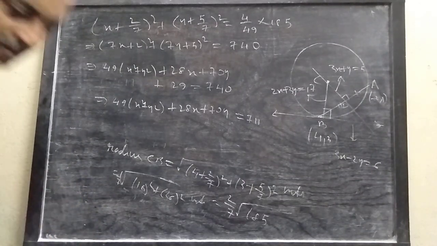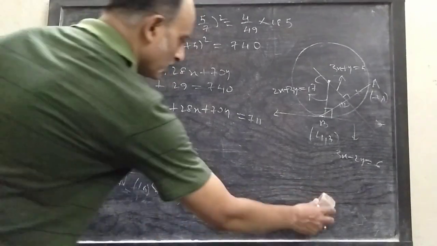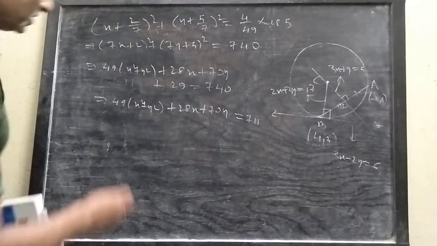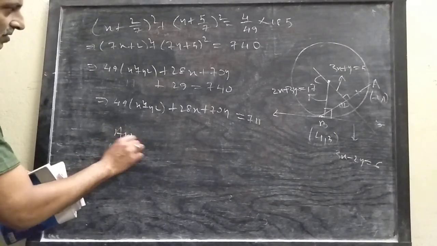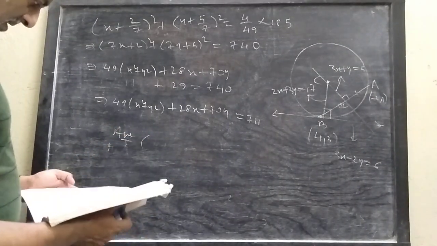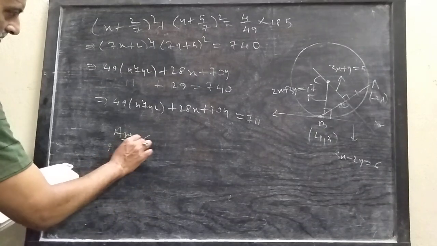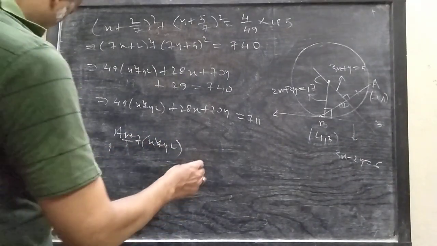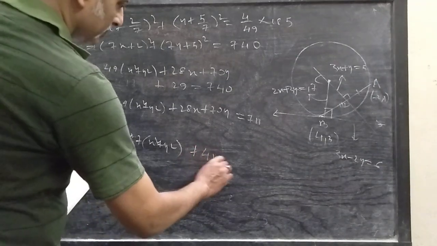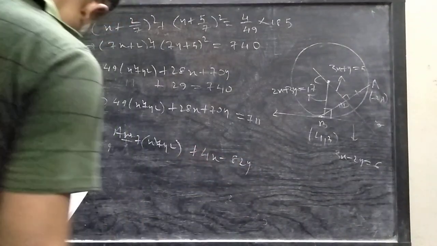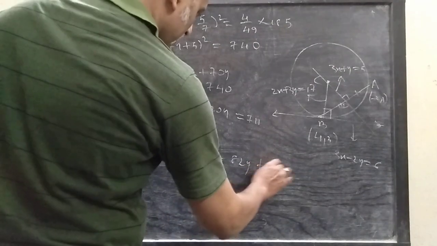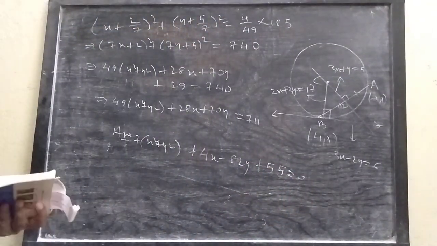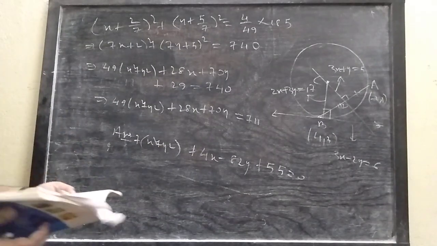You have to find it. The process is this way, I have done some mistake somewhere. So the answer given in my copy here is 7 into (x square plus y square) plus 4x minus 82y plus 55 equals 0. So to find the mistake, this is also homework for you.